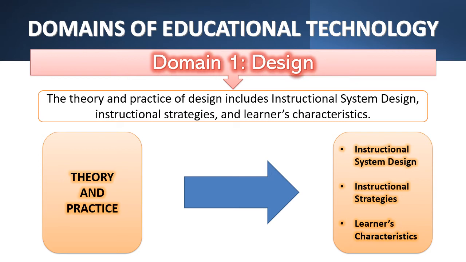By the time we are working on a lot of things inside the classroom, you should not think of yourself, because you are not the one who will receive the information. So actually you are the facilitator and then you are to teach children. Therefore, you have to focus on the characteristics of each learner. Okay. And then of course, instructional strategies and instructional system design.